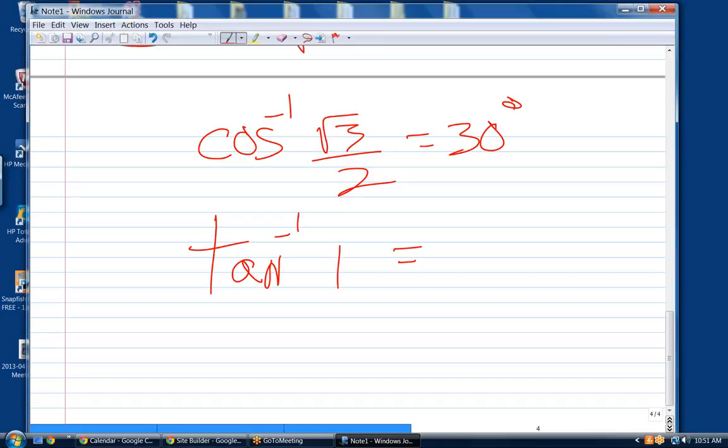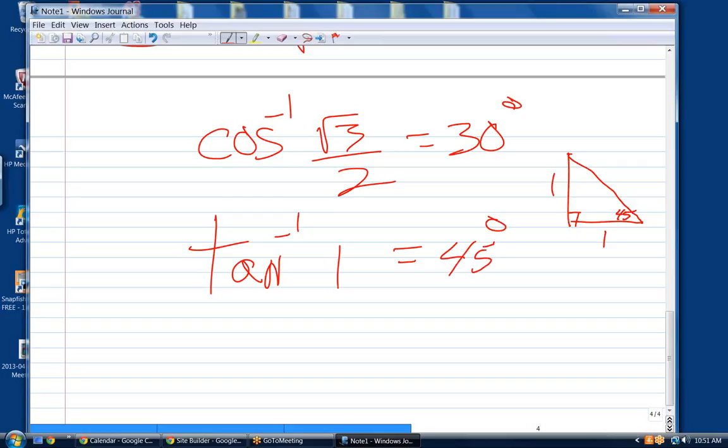What angle? That's one I don't know. I'm not too good at the tangents. Okay, well, let's go back and look at our 45. It must be a 45. 45 degrees. Yeah, the tangent is equal to 1 at 45 degrees.